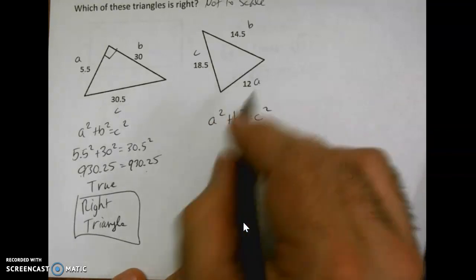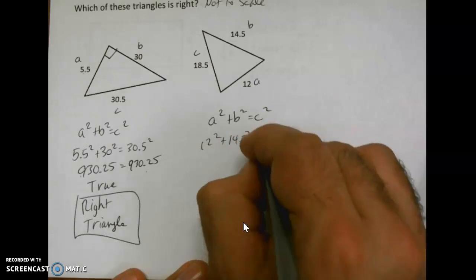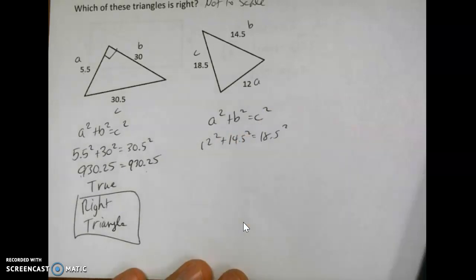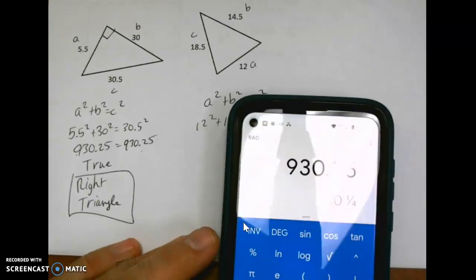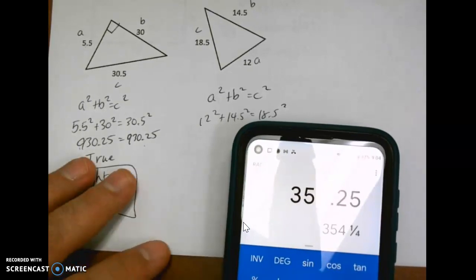So A is 12, B is 14.5, and C is 18.5. All right, so 12 squared plus 14.5 squared equals 354.25.